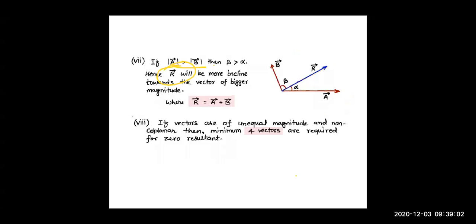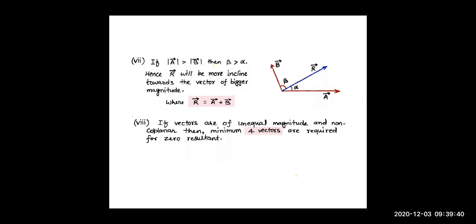So if this is more towards A, then this alpha is less, as R is more inclined towards A, and this beta will be comparatively more. So if the magnitude of A is greater than the magnitude of B, then the angle that the resultant makes with B will be greater than the angle made by the resultant with A. Right, children? So beta will be greater than alpha.